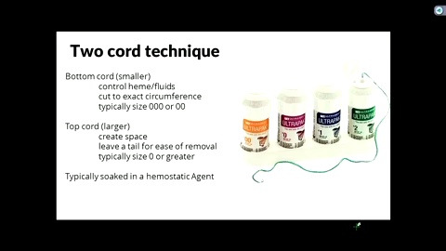You want to cut it to the exact circumference of the tooth, so you want the beginning to meet the end. So what you'll do is start packing, and as you get close to the end, you'll trim that up. So you pack one around the tooth, typically a size 000 or 0. The more zeros you have, the smaller. Size 2 is sort of the largest cord that we'll have.